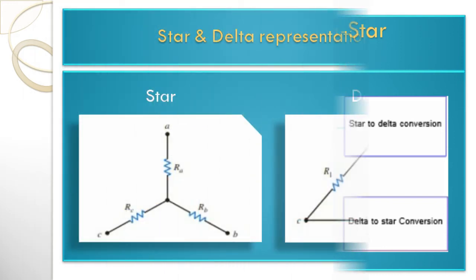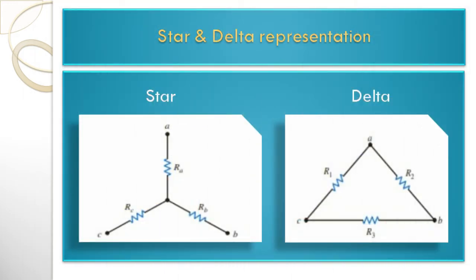See the star delta representation as shown in the diagram. The left diagram represents the star connection or star network, and the right side diagram represents the delta connection or delta network.